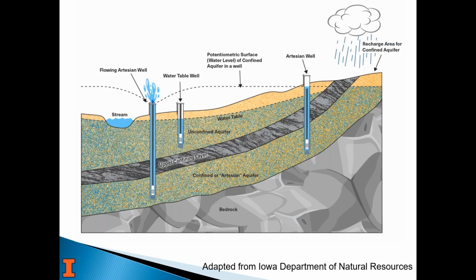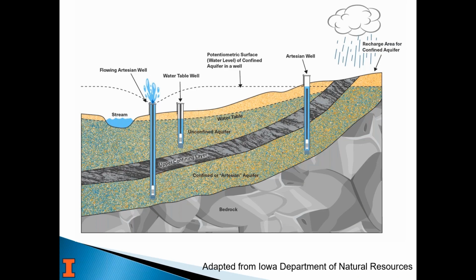Because of that, when water wants to be flat, you can see the dashed line where the water level is in the well on the right that says artesian well. The water level's up above the confining layer. So that's under pressure, so it's artesian, but it's below land surface.